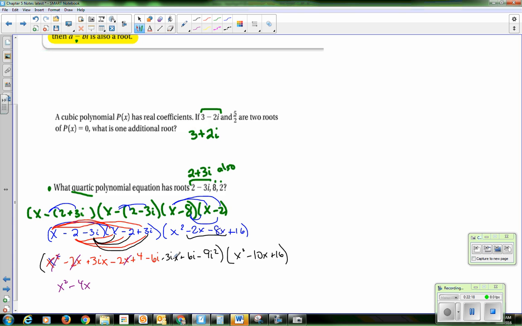Positive 3ix and negative 3ix are 0. Then I have a positive 4. Negative 6i plus 6i is 0. And minus 9i squared. i squared is equal to negative 1. That's going to multiply by x squared minus 10x plus 16.